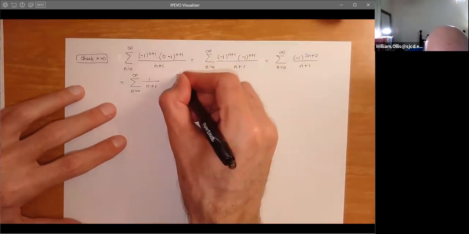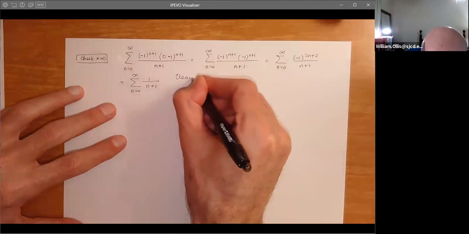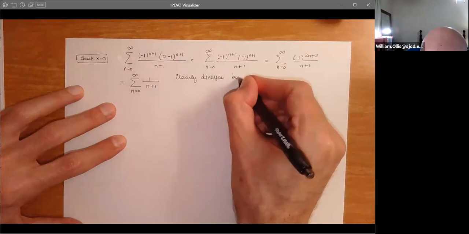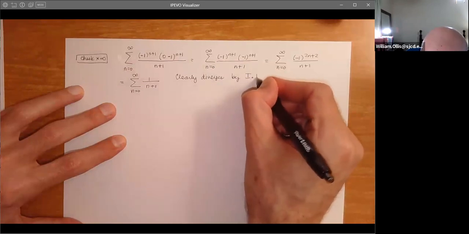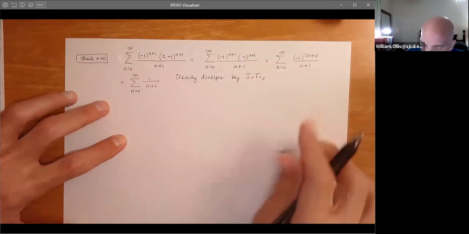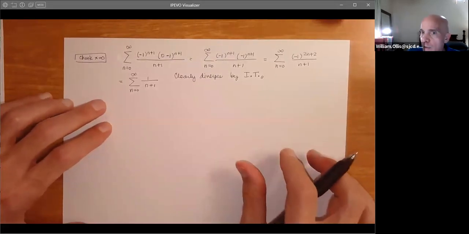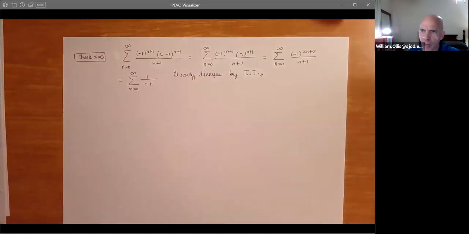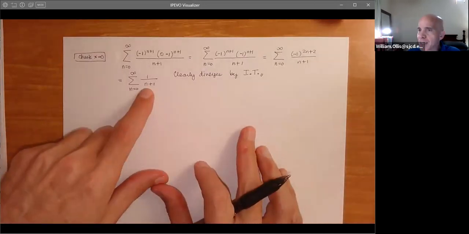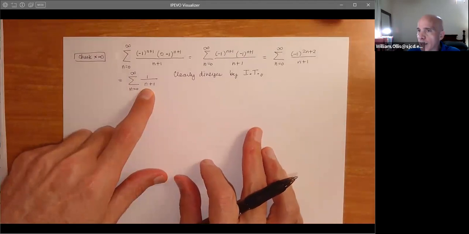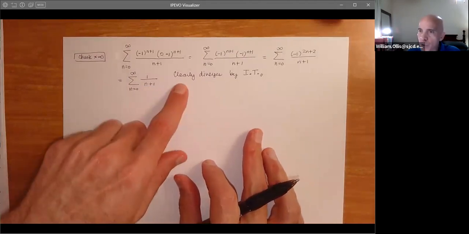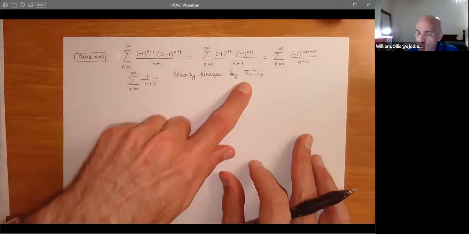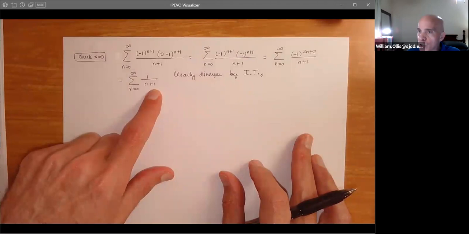So clearly this diverges by the integral test. Now, when you have something that's fairly straightforward, I'm not going to beat you up and say you have to check all the hypotheses. This is a very basic example that we've done. So I'm going to give you the fact that if you can at least quote a convergence test that gives you your conclusion, then that's fine.